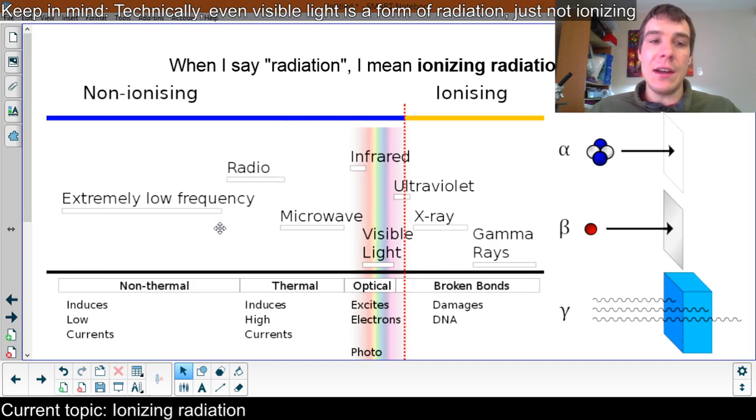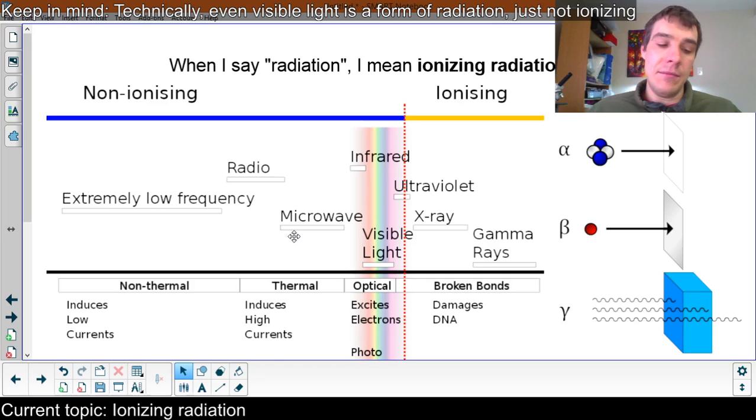Everything else here is non-ionizing, which means that your cell phone, which operates in the microwave range, or GPS satellites, or your Wi-Fi, which also operates in the microwave range, don't have the power to break any bonds. They don't have the power to cause cell damage in that way.